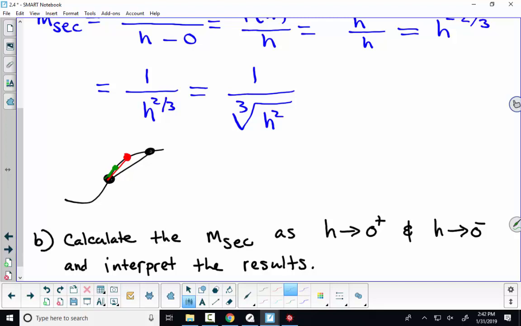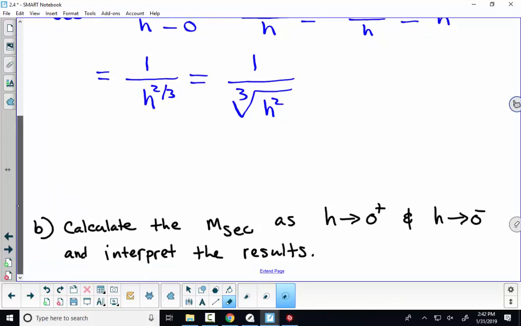But all the while, we have a function of h to just plug in that distance from 0 to compute all of these slopes. Does that make sense? So the slope of any of those secant lines, as long as we know the distance away from 0, is found by plugging in h, giving 1 over the cube root of h squared. So there's the slope of our secant line.